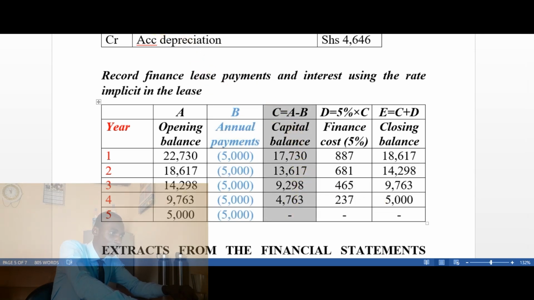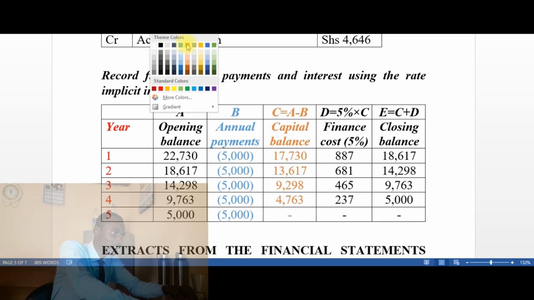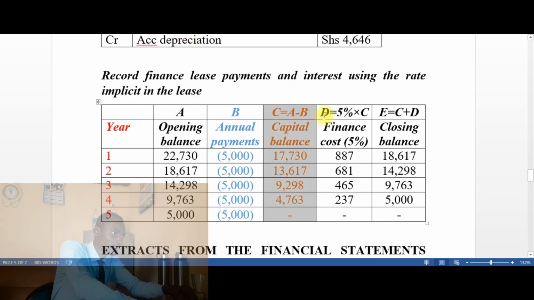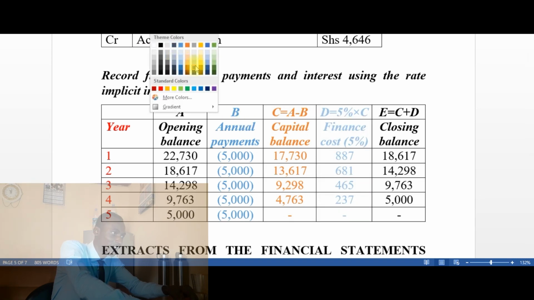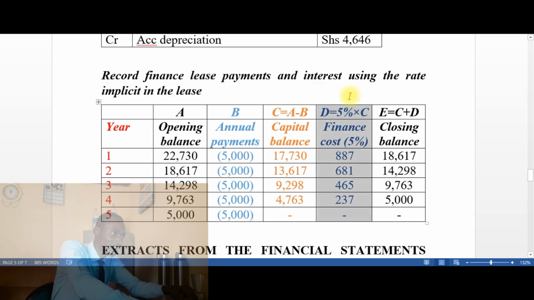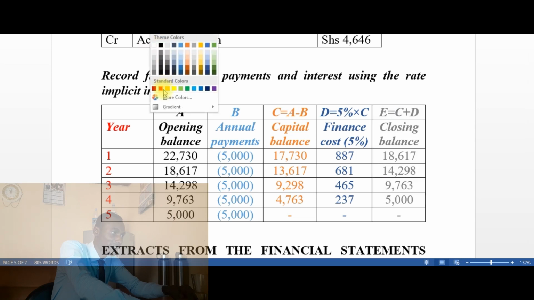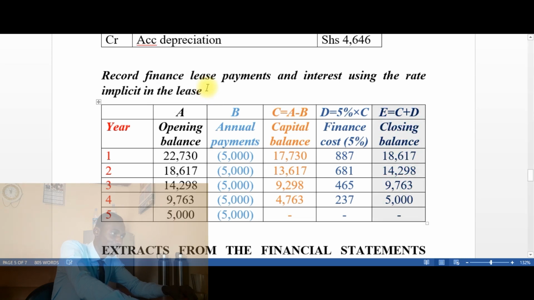Then we have the capital balance. Then we have the finance costs, as you can see. Then you also have the closing balance.